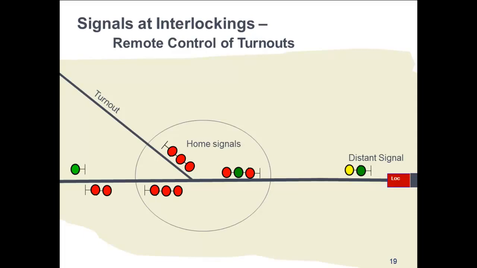The dispatcher gets an indication on the control board that the signal has been cleared. At that point, the route is aligned and locked, meaning the route cannot be changed and a conflicting route cannot be created. The home signals will change to the best possible aspect, and this signal change will cascade back into the automatic block signal system.